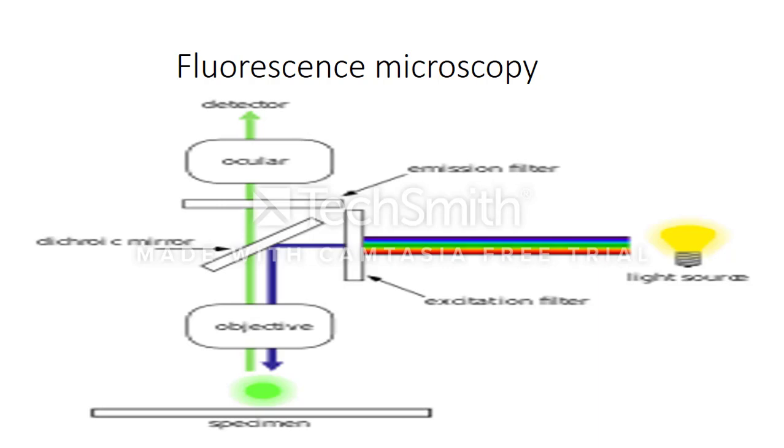So what we simply do is we use fluorochromes, which are put into certain organelles or proteins through dye, and these dyes can be special for certain things. They can attach to certain things, which allow them to attach to certain proteins or organelles. And we're very good at manipulating these dyes and making sure that they go to the protein or organelle that we want them to go to.